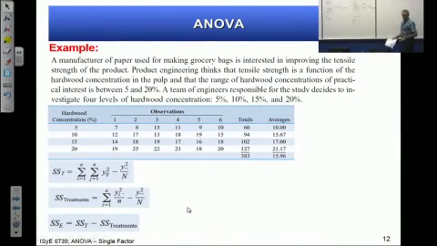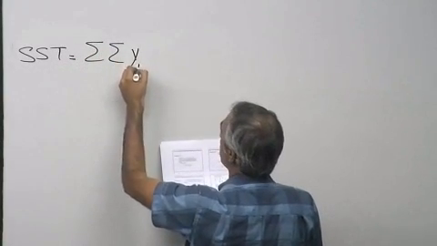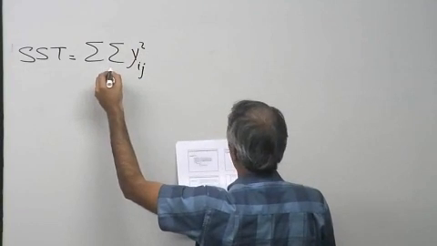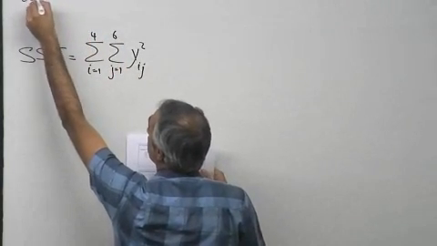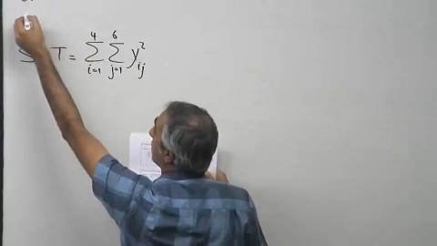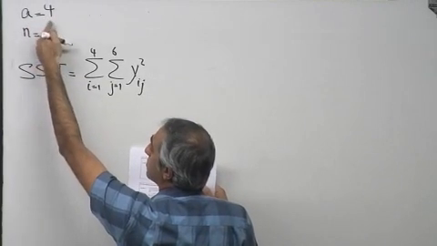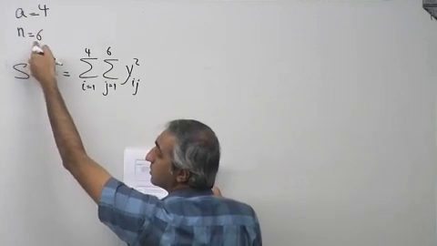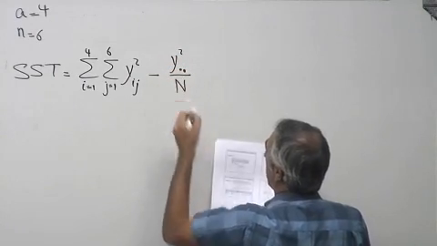Let me start with SS total, which is the summation of Yij squared, with i from 1 to 4 and j from 1 to 6, minus Y dot dot squared divided by capital N. A is the number of levels, in this case 4, and n is the number of replicates, in this case 6.